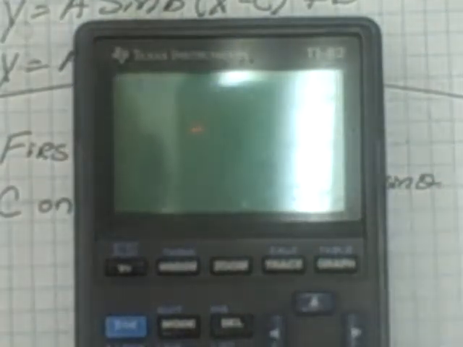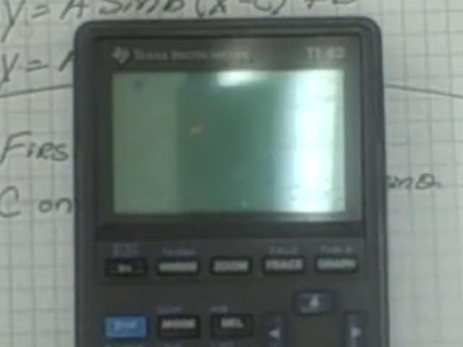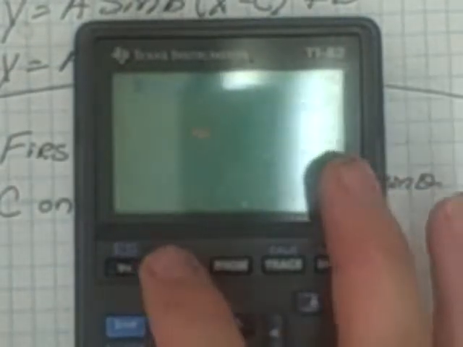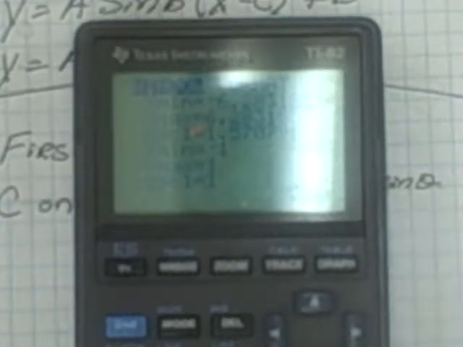And that's the variable inside of the brackets, I guess, with the x. So let's just do a window here. Make sure our window is from 2 pi to negative 2 pi radians in the x domain. And in the range, it's from negative 1 to positive 1. And we have our pi over 2 or 90 degree intervals.